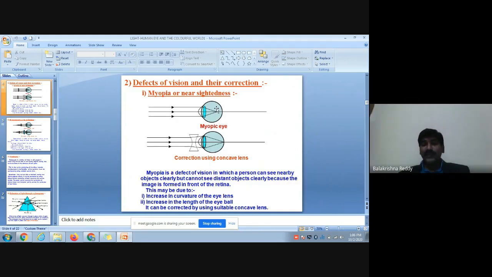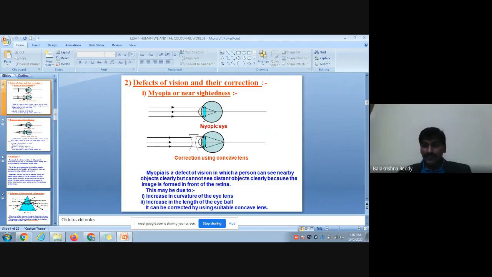Why is it happening? Due to displacement in the ciliary muscles, there is an increase in curvature. When the curvature has increased, the lens has been displaced a little in the forward direction. That's why, for those who have this eyesight problem, if you notice the front part, it looks a little fatty, or it looks like it has come out sharply.